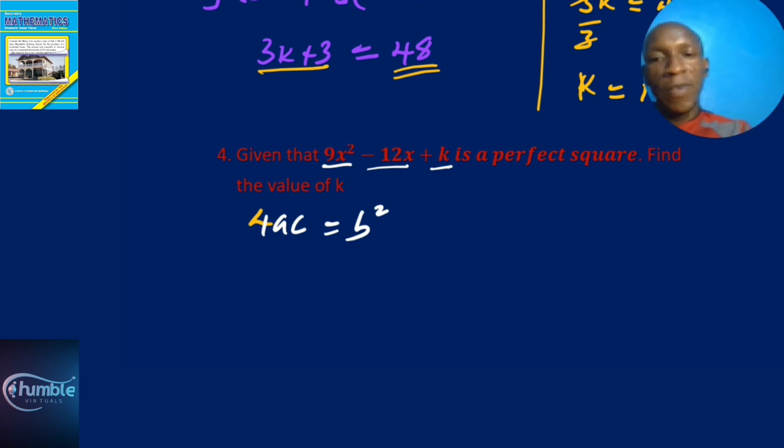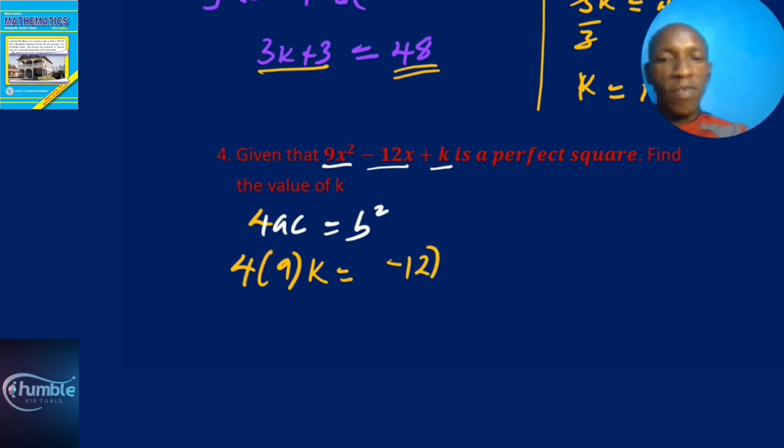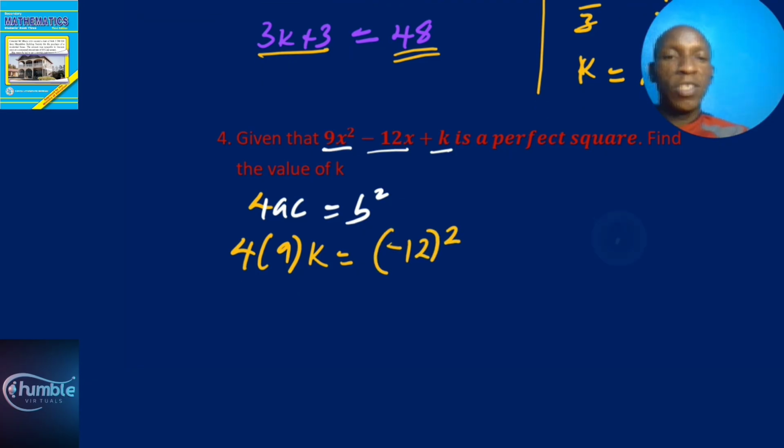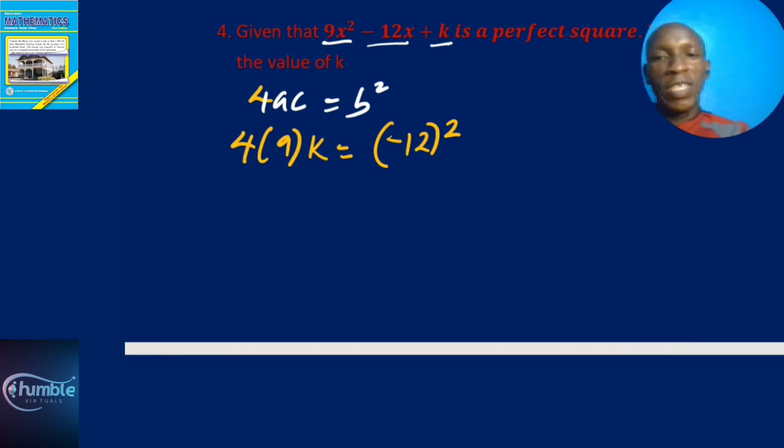So we shall now have that 4 times a, which is 9, times c, which is k, should be equal to b, and b is negative 12, put in bracket, and then you square that. So work it out. 4 times 9 is 36 by k is 36k, is equal to negative 12 squared, which is 144.